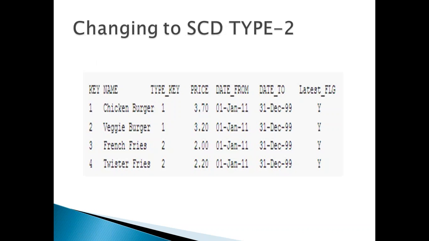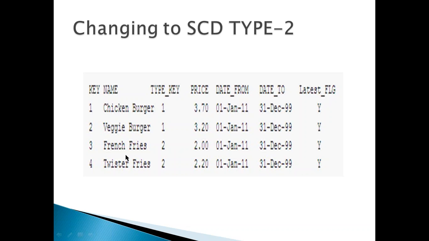First thing what we do is when we change to an SCD, we start giving 3 columns, that is your date from, date to and latest flag. Date from and date to help you to understand when your particular record is active. Okay. What is the duration?